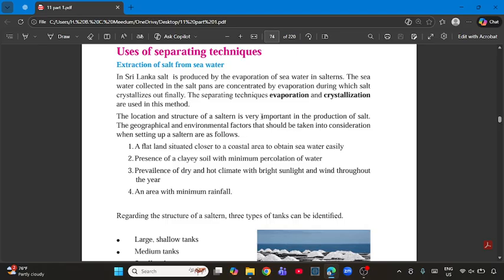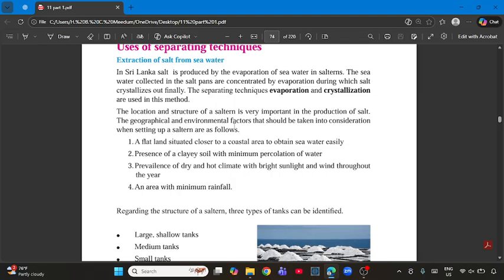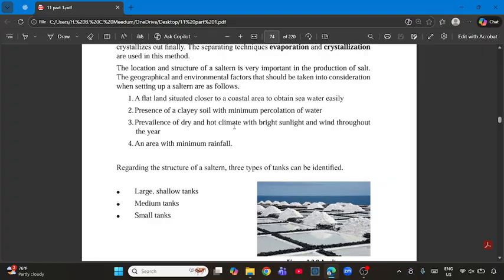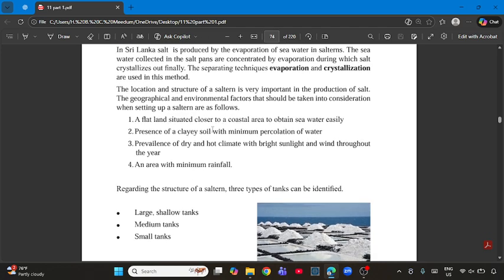The location and structure of a salton are very important in the production of salt. The geographical and environmental factors that should be taken into consideration when setting up a salton are as follows. So the location and also the geographical environmental factors are very important, because this should be an area where the dry climate is used for evaporation and crystallization.